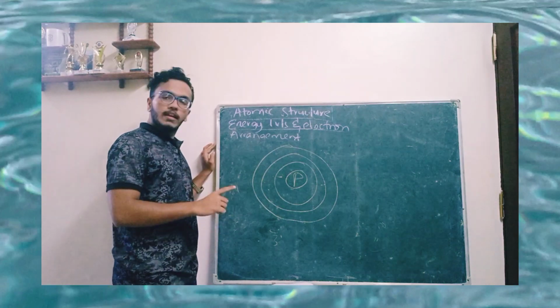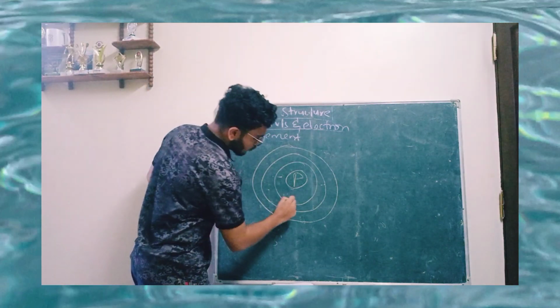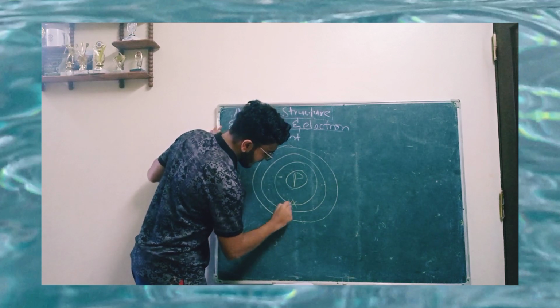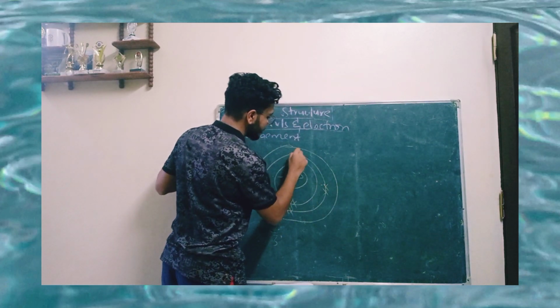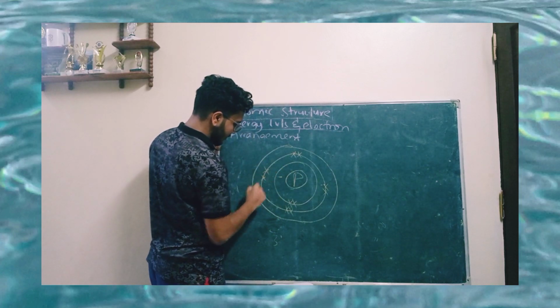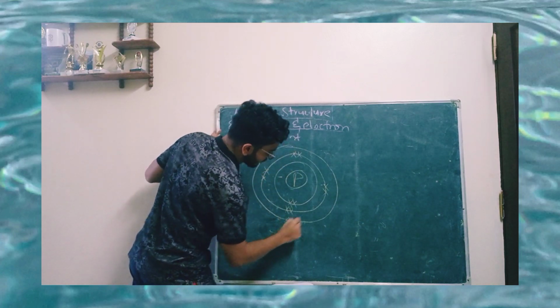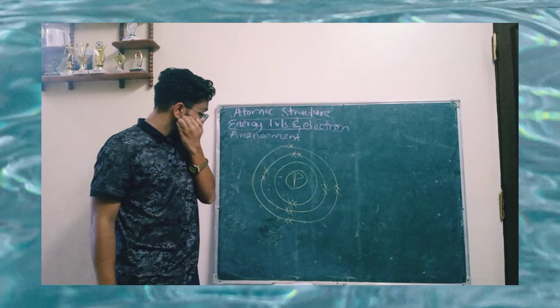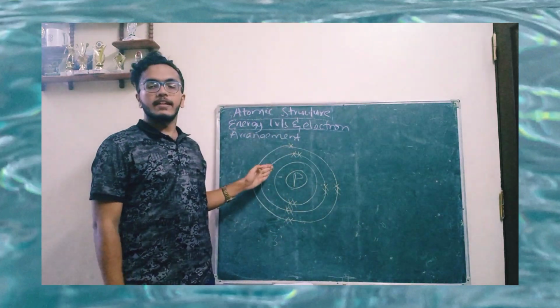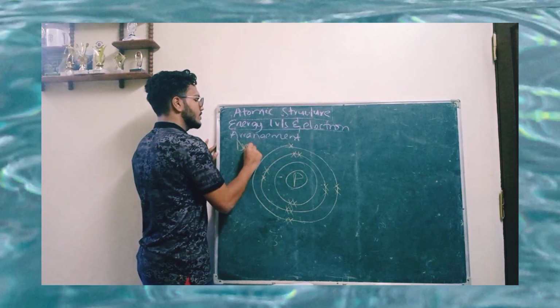Now for phosphorus, you will have 2 electrons in the first energy level, 8 electrons in the second energy level, and 5 electrons in the third energy level. This is how you draw the electron arrangement of phosphorus.